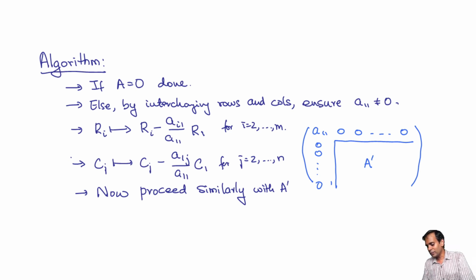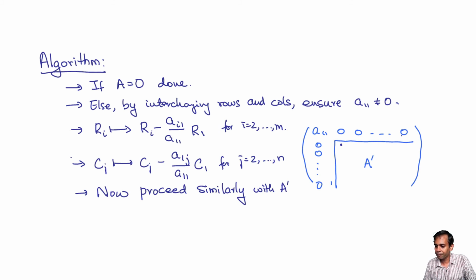So you can interchange rows and columns of A prime and make sure that out here you have a non-zero element, and then use that to clear out one more row and one more column except for the diagonal entry. And when you do these operations on A prime, because the corresponding elements in the first column and first row of A are 0, they will not really disturb the first row and first column of the bigger matrix A.